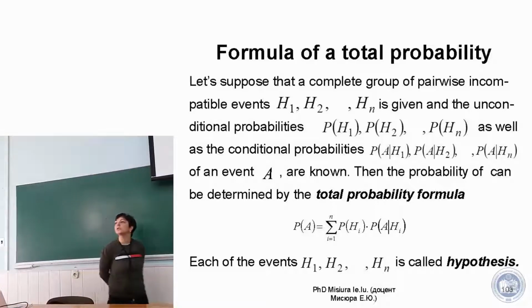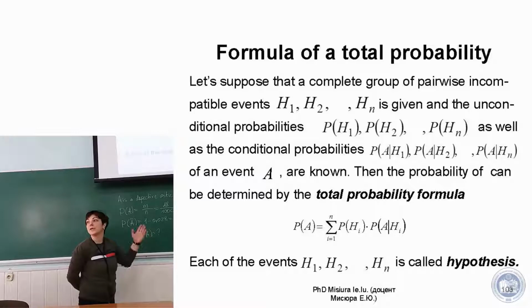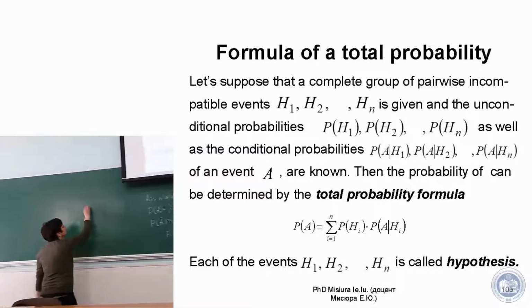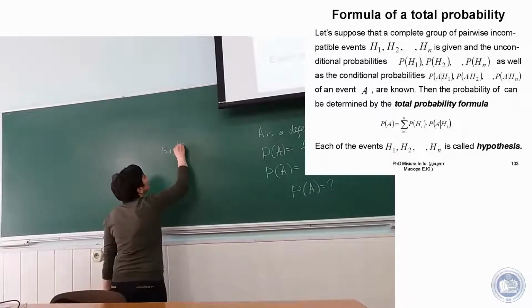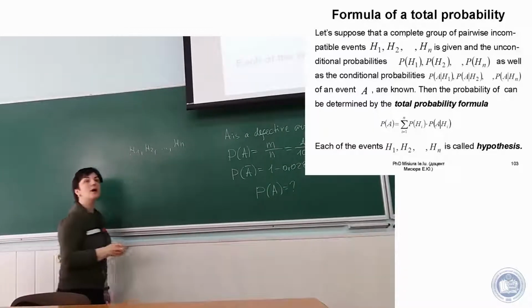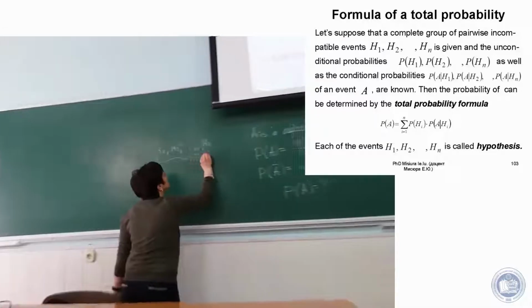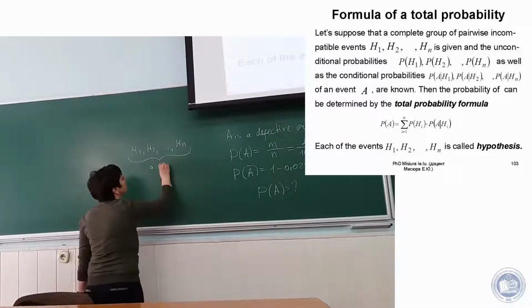Это гипотеза или предположение. How many hypotheses do you have? N: H1, H2, and Hn. Just remember, H1, H2, Hn form a complete group of events, образуют полную группу событий.